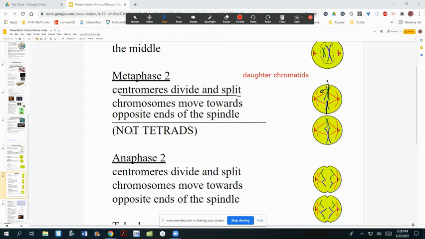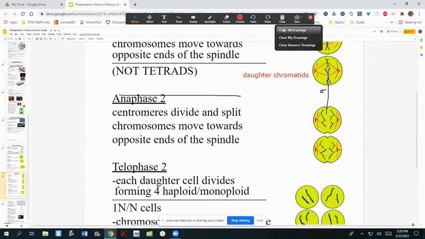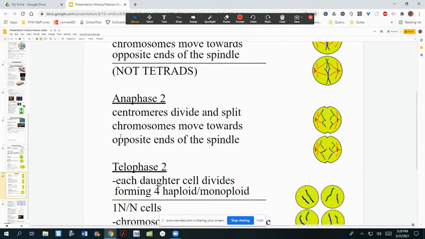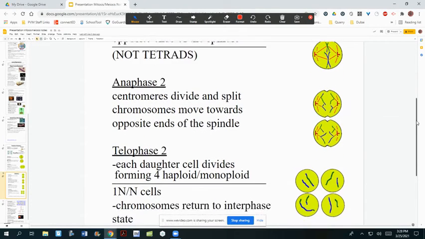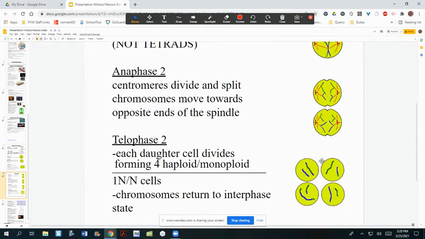Now, once they separate, they're not tetrads, and they're individual chromosomes that are moving towards the opposite poles, and they're going to continue to move until they reach the poles. It goes through a second cell division, so there's going to be another cell division for each one of these cells, leading to 4 cells.